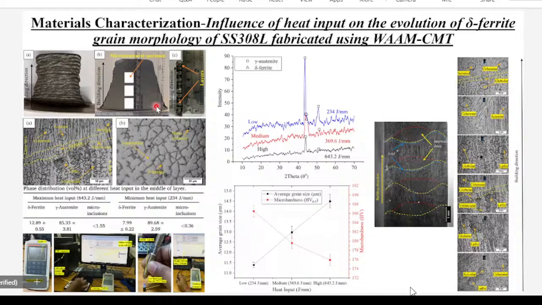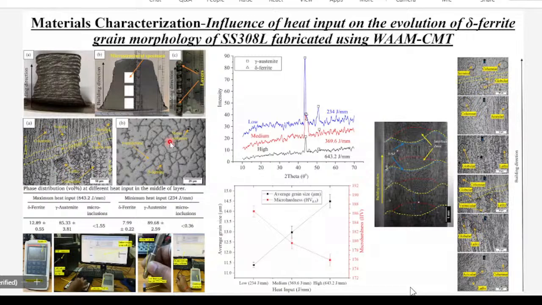That means some percentage of ferrite is forming in the austenitic phase, and majorly it is austenitic, but some percent of ferrite is there. You can observe that in the microstructure also. The gray portion is the austenitic phase, and the grain boundaries are settled as delta ferrite. So delta ferrite, gamma austenite, and micro inclusions are in the microstructures.